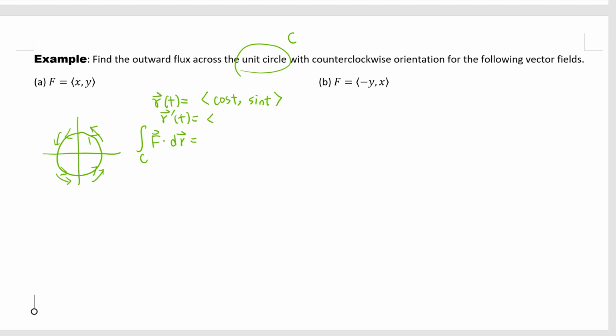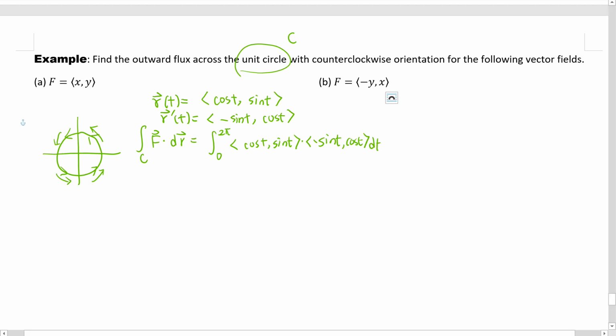R prime equals minus sine t, cosine t. Right? And so we have the dot product. So we have t from 0 to 2 pi, right? F is xy. Xy is the same as cosine t, sine t. Dot product with minus sine t, cosine t, dt.